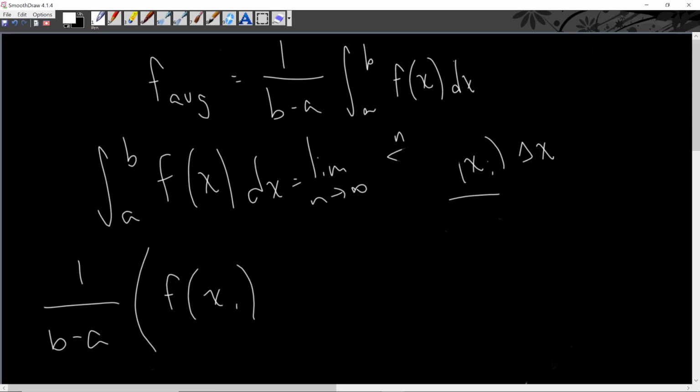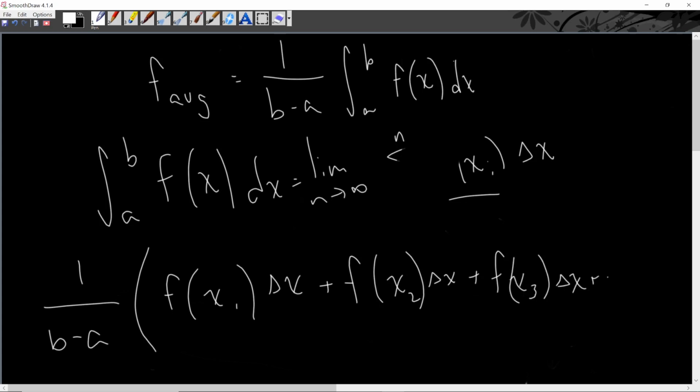That will be times f of x1 delta x plus f of x2 delta x plus f of x3 delta x, and then on, which again we said was supposed to be the sum from i equals 1 of f of xi times delta x.